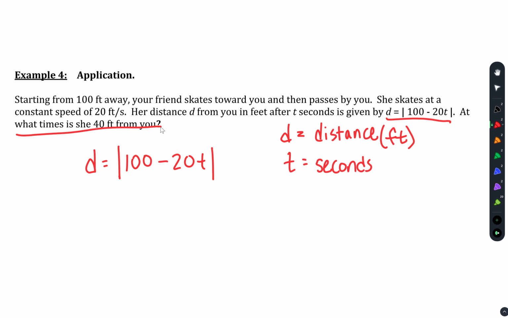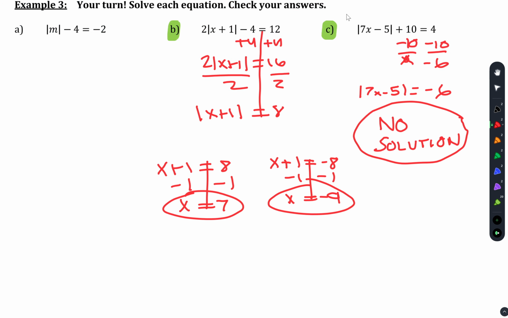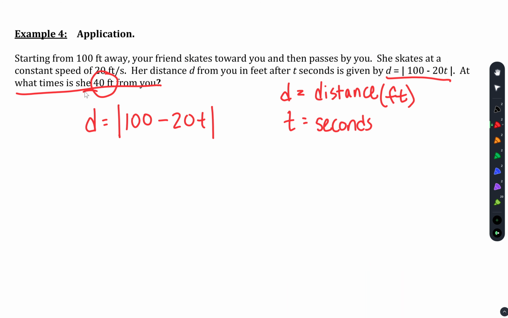My question says, at what times is she 40 feet away from you? So which variable am I going to be solving for, D or T? T. It says at which times. So I know that I must have a distance. What's my distance that I can plug in? 40 feet. And that's going to be our distance here. So let's plug that in.